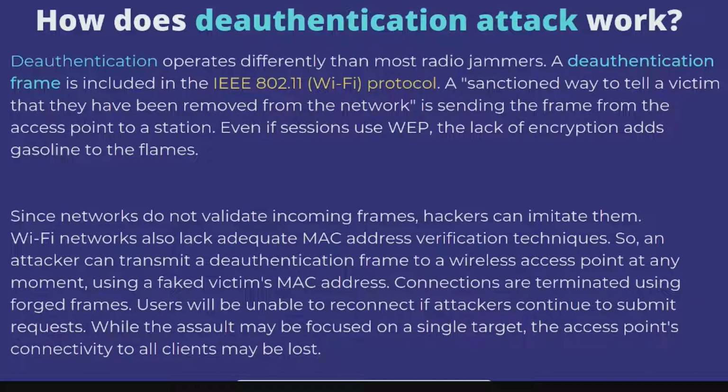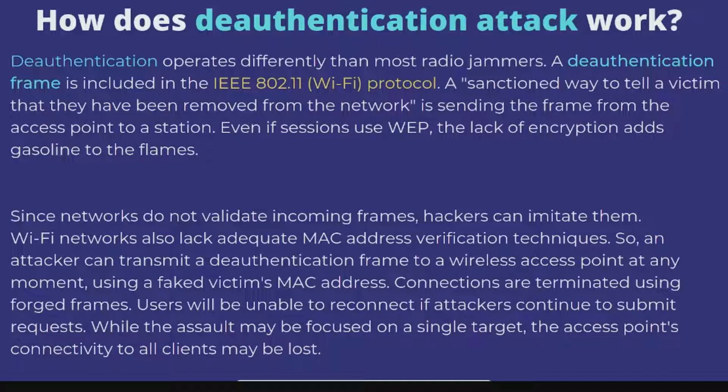Even if sessions use WEP, the lack of encryption adds gasoline to the flames, and WEP is another form of Wi-Fi encryption like WPA or WPA2, but it's a weaker form and it's more dangerous. Since networks do not validate incoming frames, hackers can imitate them. Wi-Fi networks also lack adequate MAC address verification techniques.